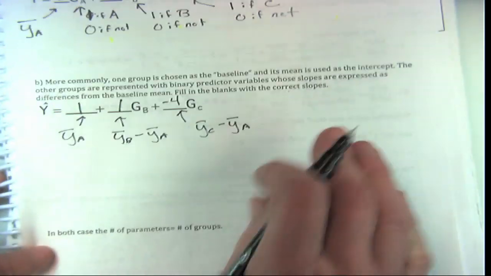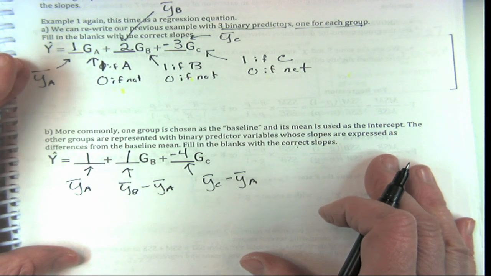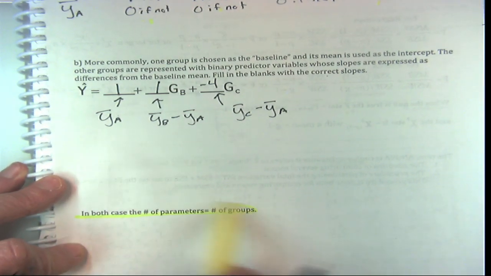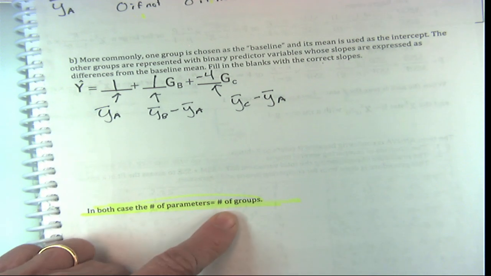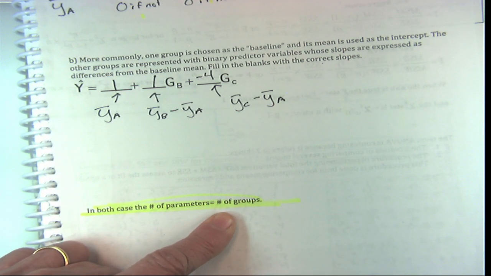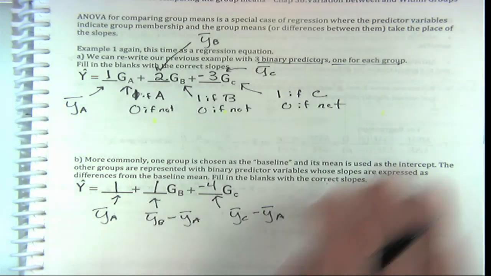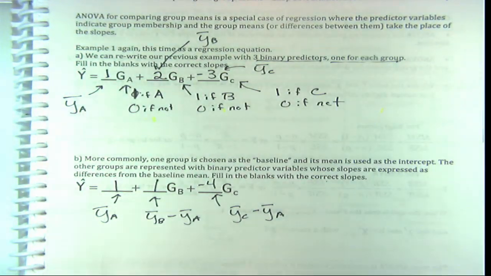In both cases, I'm illustrating this just so you'll understand that whichever way you see it, the number of parameters is the number of groups. We need this for our ANOVA table. So it's a really easy way to remember it and to understand it. Now, I'm not going to ask you questions like this on the homework or the exam.